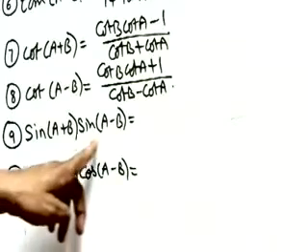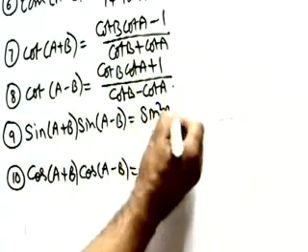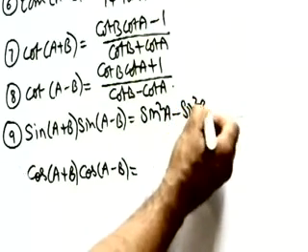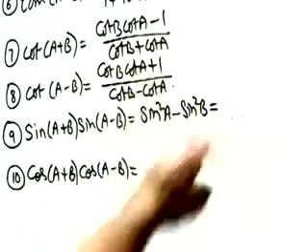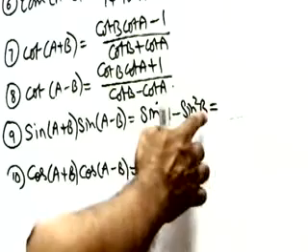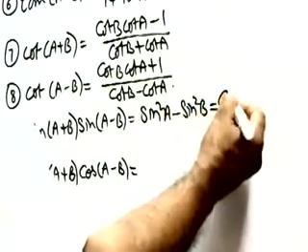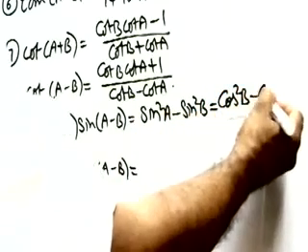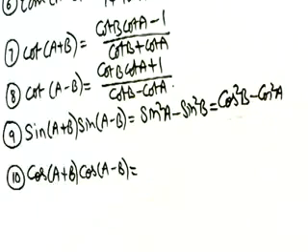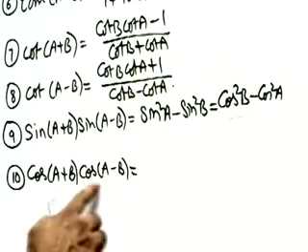The formula is sin square A minus sin square B. One more formula in terms of cos, but when we write cos, we have to write B first: cos square B minus cos square A. So sin A plus B into sin A minus B is sin square A minus sin square B, or cos square B minus cos square A.